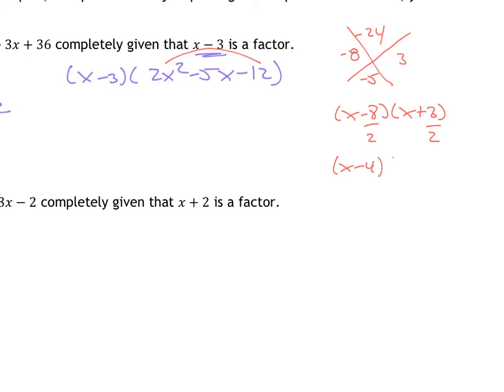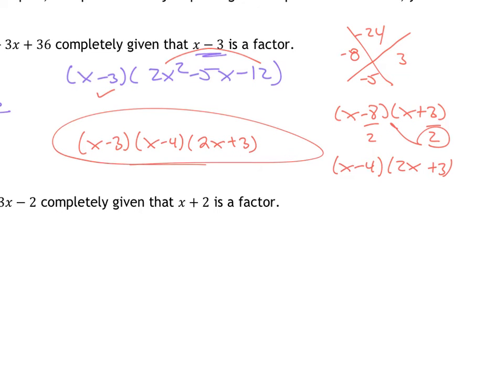So x minus 4 and kick it up. 2x plus 3. And those are my other factors. So factoring it completely, you would get as your final solution x minus 3, because that's what was given, x minus 4, and 2x plus 3. And that's my solution there, y'all. Cool.